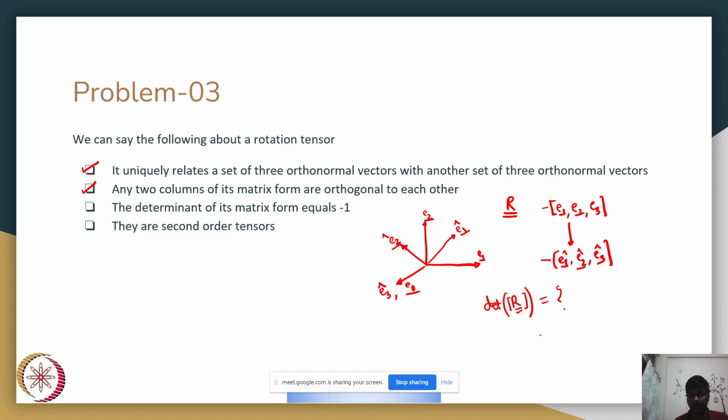Okay, so the determinant of the rotation tensor in its matrix form is equal to plus 1. This is from the definition, so the third statement is wrong. And fourth, as I mentioned, it's a second order tensor.